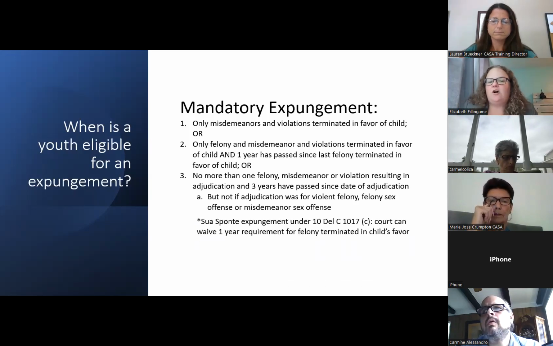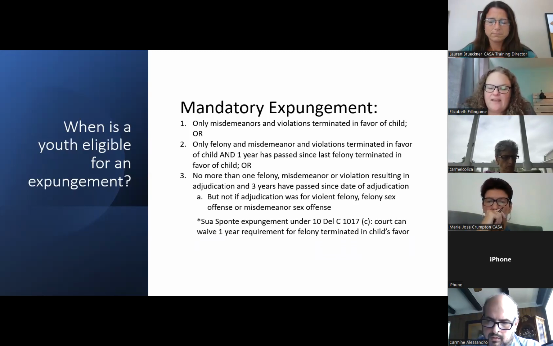And there is something called a sua sponte expungement. This came about just a couple years ago, and it says that the court can waive the 1 year requirement for a felony terminated in the child's favor. So what does this look like in practice?